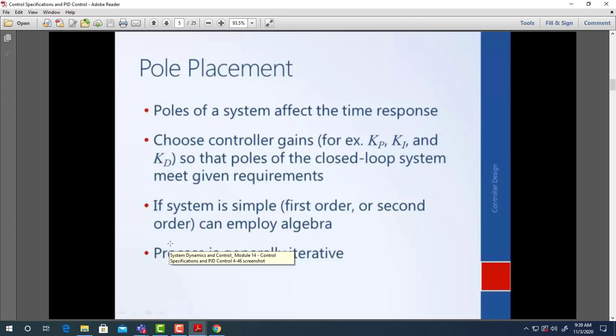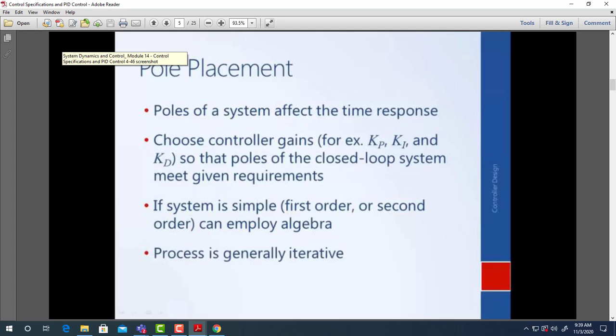If the system is simple, like a first order or second order system, it's easy using algebra. We'll see in examples that using system identification algebra, we can find KP, KI, KD. But if the system is complex, like a higher order system with zeros, you can still approximate it to a first or second order system if it's possible. So you can see the dominant poles and approximate with the slower poles and neglect the faster poles.